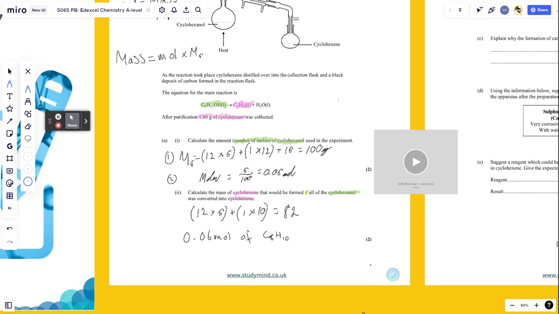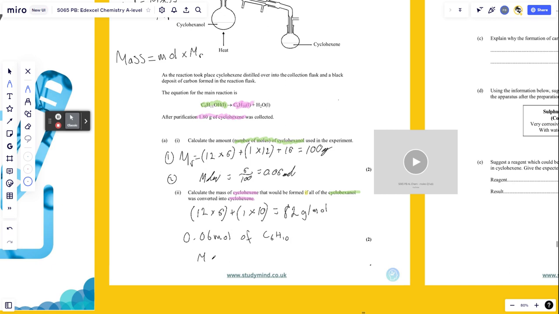So if this is the amount of grams per mole, then if we had 1 mole of this, it would be 82 grams, but we don't. We've got 0.06 moles. So to work out the mass, which is the equation up here as well, it's going to be the moles multiplied by the mass of 1 mole.